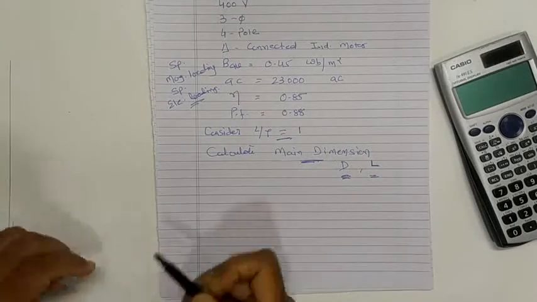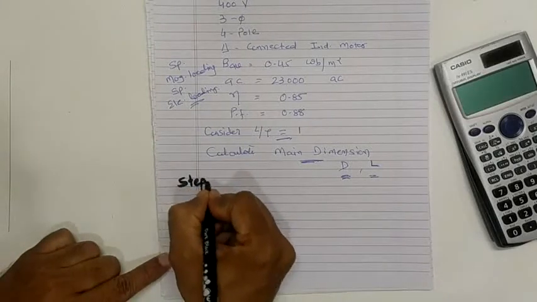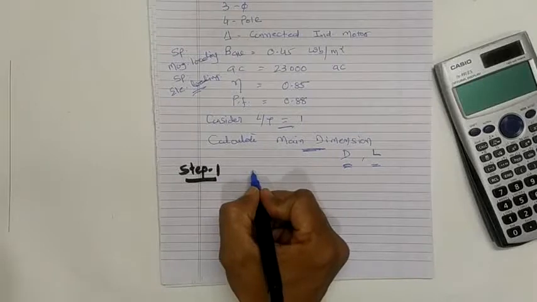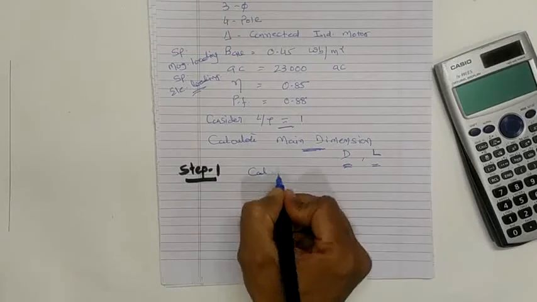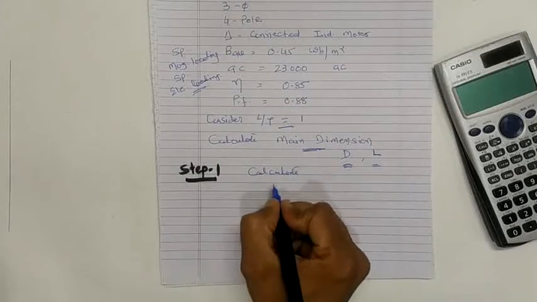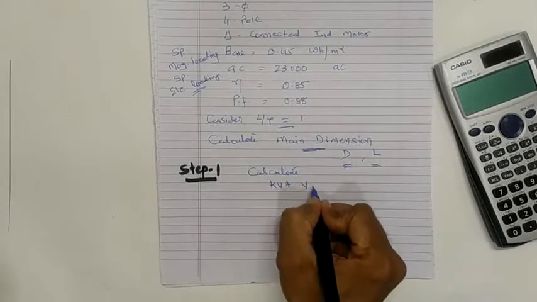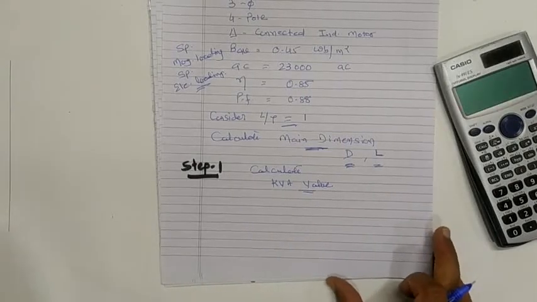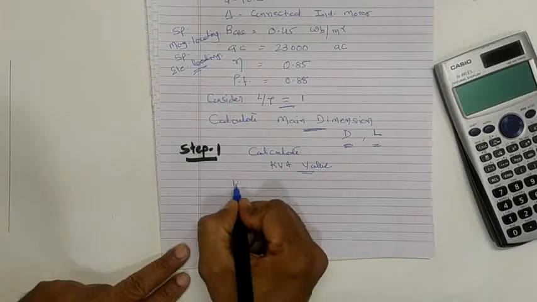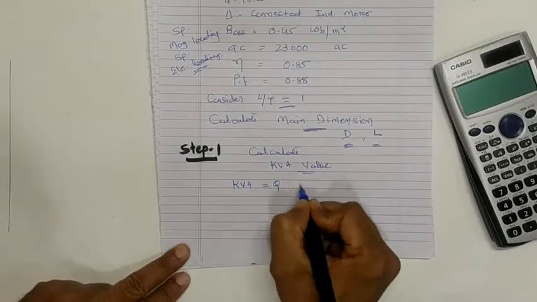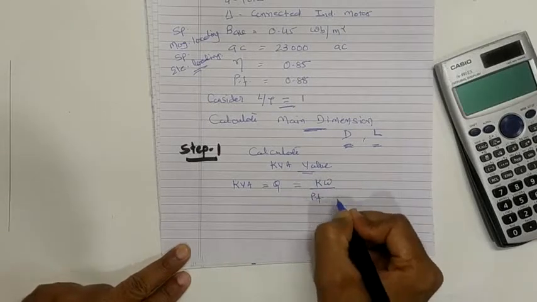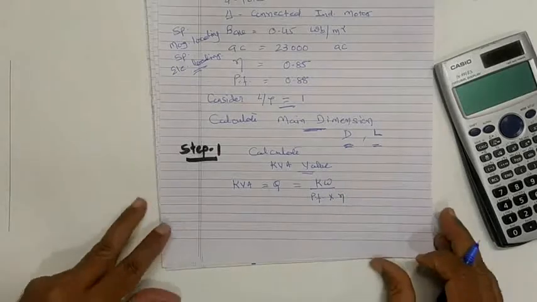So step number 1: calculate the kVA value. As we discussed, kVA, that is Q, is kW divided by power factor multiplied by efficiency.